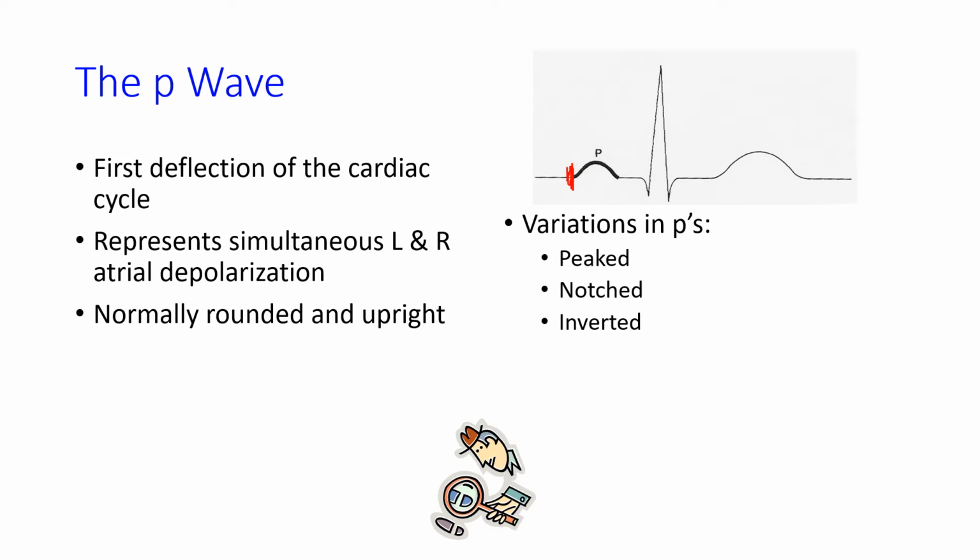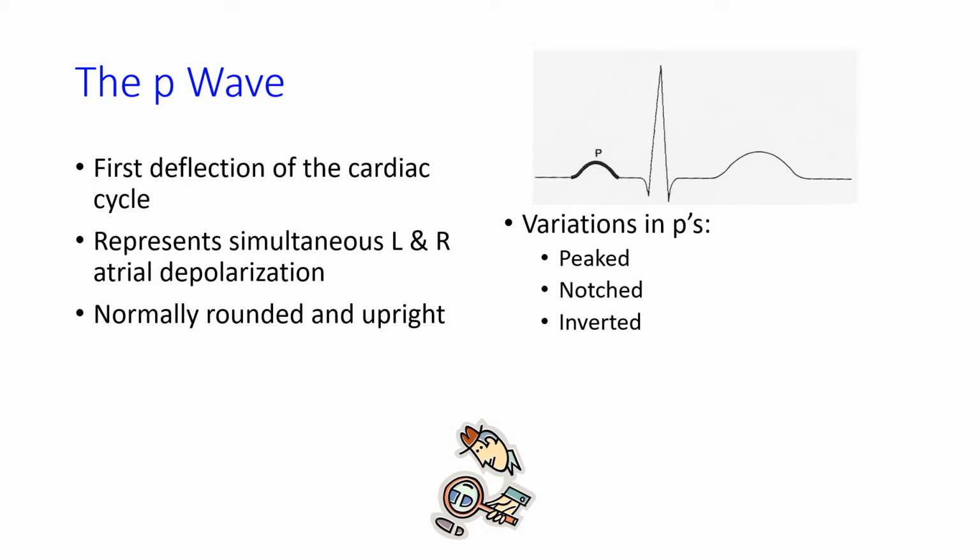So your SA node fires, and that impulse is traveling through both atriums, the right and left, going from a negative electrode to a positive electrode in that direction, and that's why it is going to be upright and a positive deflection. The P waves are normally round and upright. Again, that's usually because the direction you're looking at is from a negative to a positive electrode.